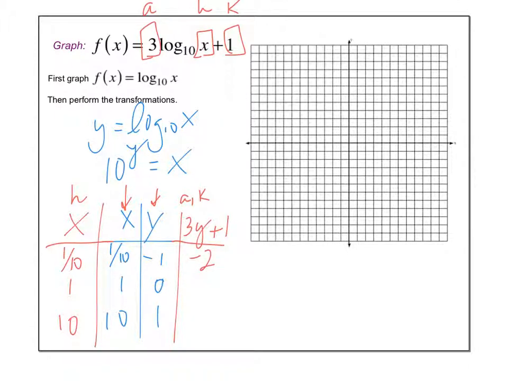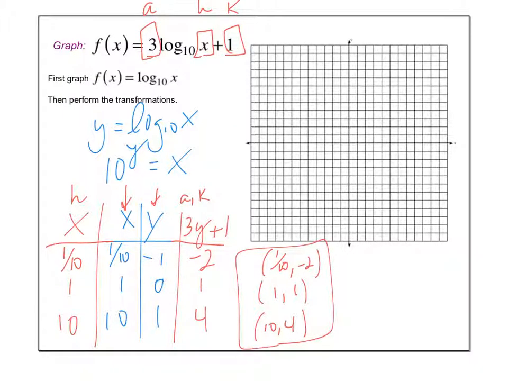So this is an ordered pair now, 1/10, comma, -2. The next one is 3 times 0 plus 1, which is 1. The next one is 10, and then 3 times 1 is 3, plus 1 more gives you 4. So these are the 3 ordered pairs you should graph.